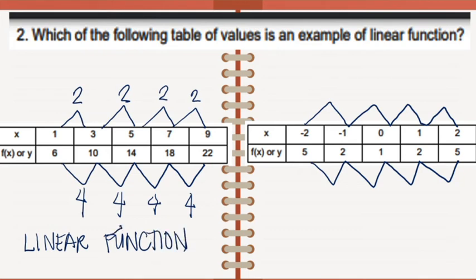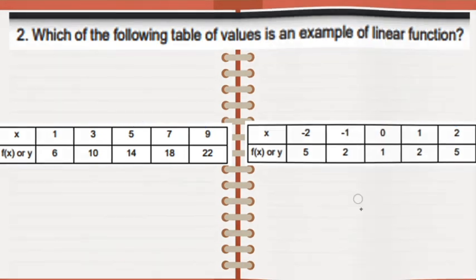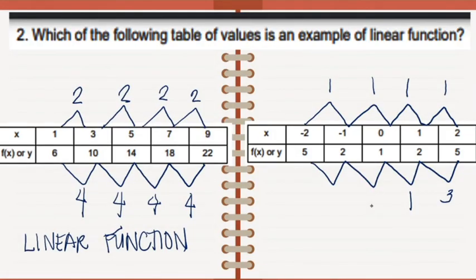And this one, 2 minus 1, we have 1. 1 minus 0 is 1. 0 minus negative 1 is 1. Negative 1 minus negative 2 is 1. Now, 5 minus 2 is 3. 2 minus 1 is 1. 1 minus 2 is negative 1.